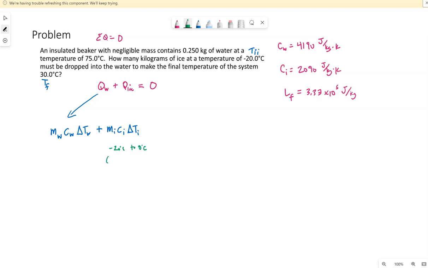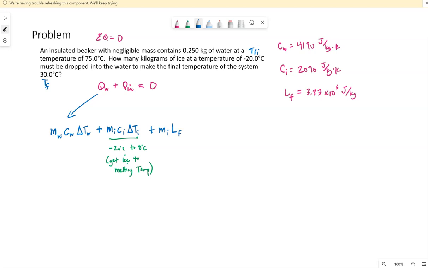We have to get the ice to its melting temperature. Once we put in this much energy, we still have ice, but it's now at 0 degrees Celsius, which means it's now at the point it can melt.